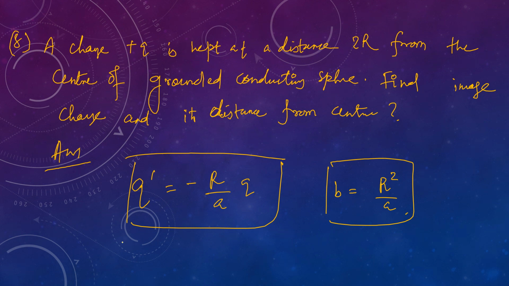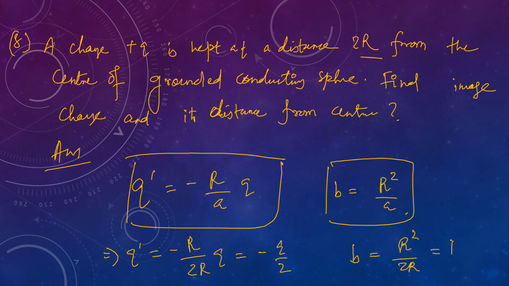If we apply this formula, q dash will be minus r by 2r into q, that is minus q by 2, simple. And b will be r square by 2r, that is r by 2. See how simple it is, but you just have to remember the formulas, otherwise it's not easy.